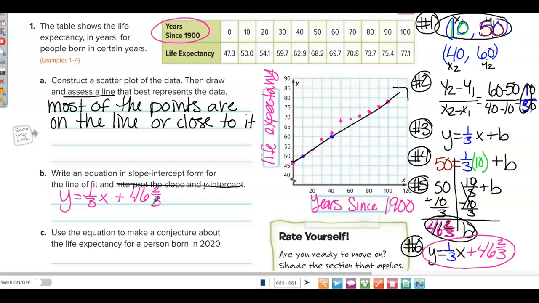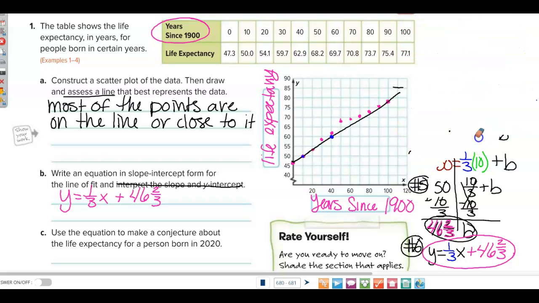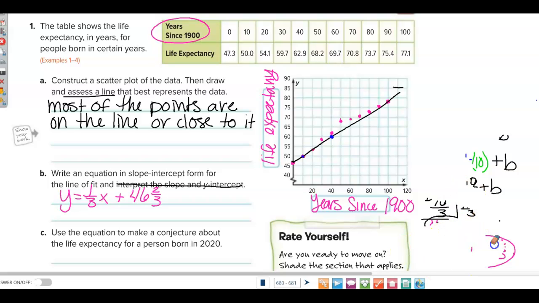Okay? All right, for C, we need to use that equation to make a conjecture about the life expectancy for a person born in 2020. So, I'm actually going to erase my work over here so that I have room to do this part. You can see that we can't use, well, we could. Never mind. I'll get back to that in just a second.